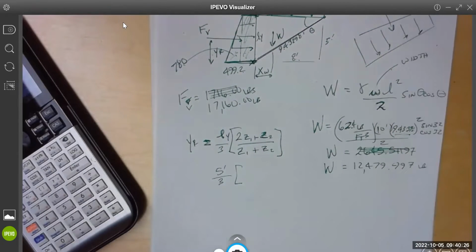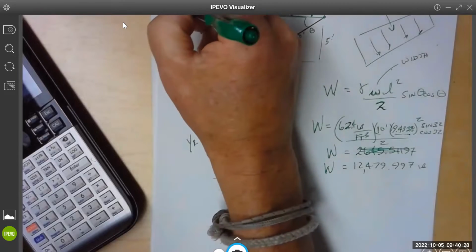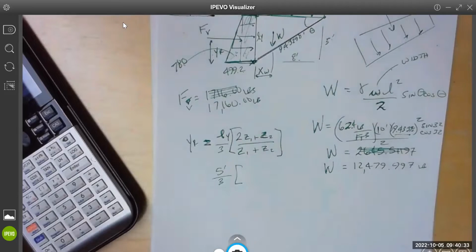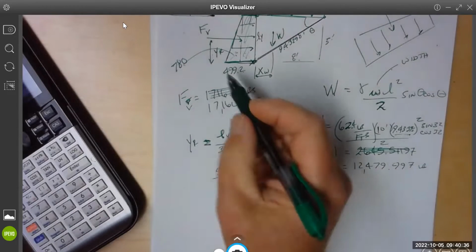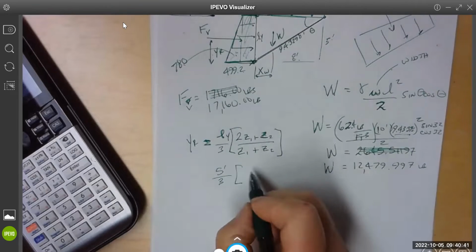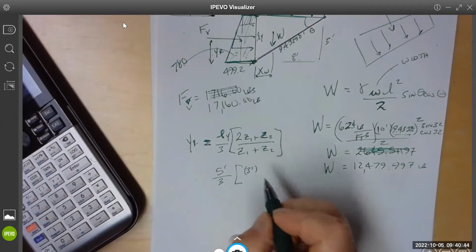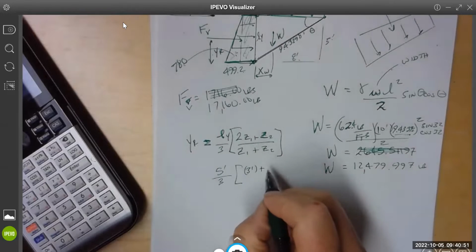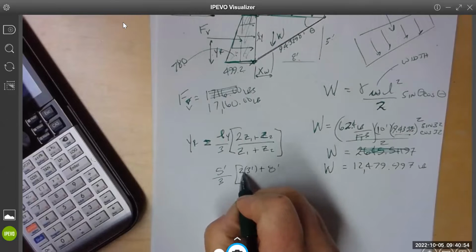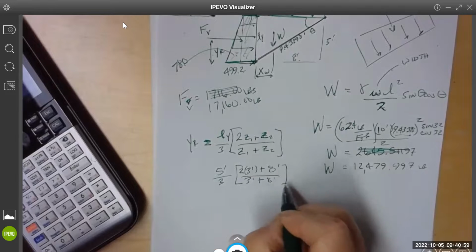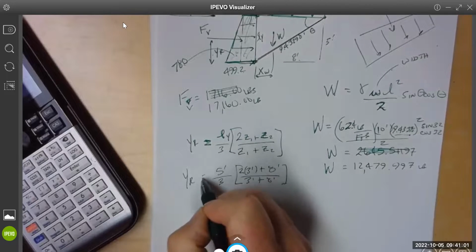So this is Z1. Yep, 3 feet down. And then all the way to the bottom is Z2. So Z1 is 3 feet, and Z2 for us is 8 feet. Cool.